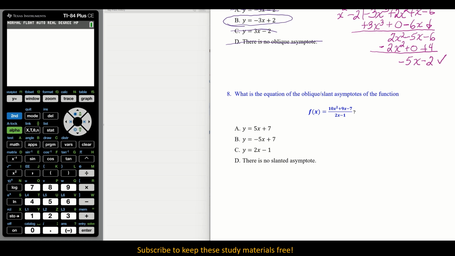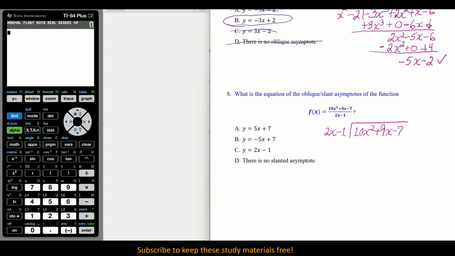Number 8, what is the equation of the oblique or slant asymptotes of the function f of x? Well, this means we're going to have to work out long division again. Okay, so we have 2x minus 1 dividing into 10x squared plus 9x minus 7.